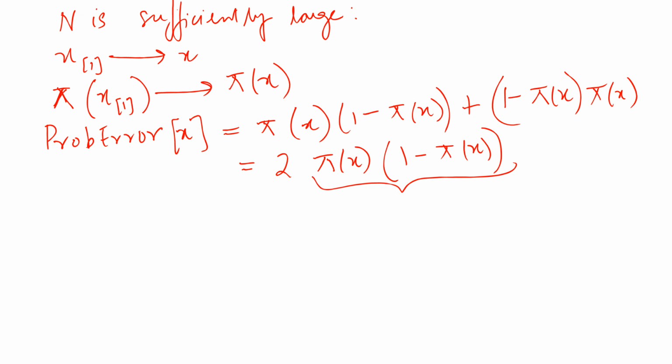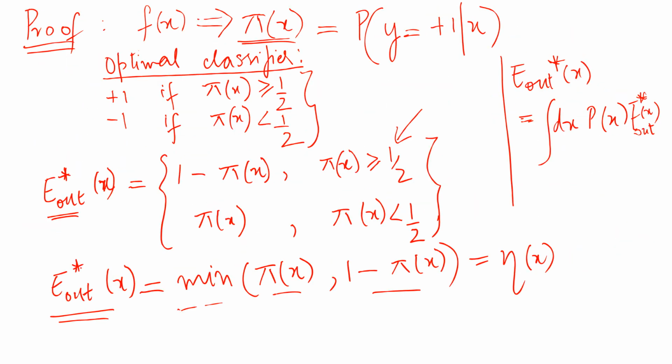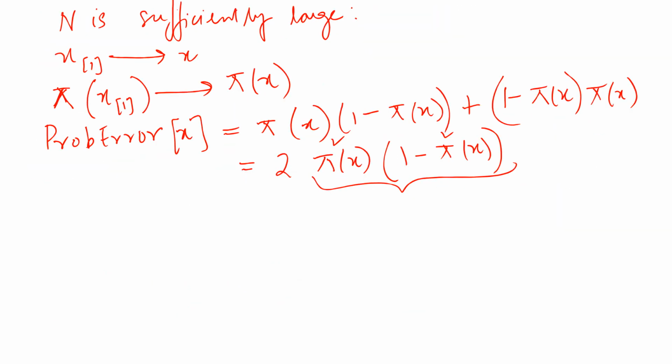This is the optimal error, like not exactly, but if you remember, the optimal error is the minimum of one of these. So it was either this or this. Let me go back and see. This is how we defined the optimal error, the minimum of this or this. Now we have both the terms in here. So basically what we are saying is that the optimal error is the minimum of one of those terms.